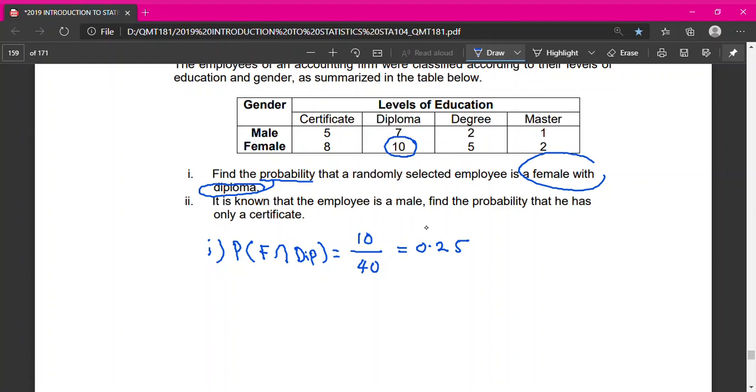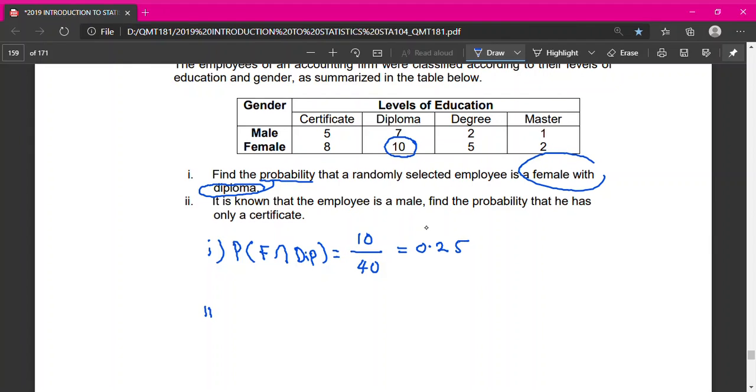Kalau dia nak dapatkan probability of the employee with certificate, dia tak bagi tahu male ke female, so you kena total up certificate 8 tambah 5, which is 30, divide dengan total semua sekali 40. Ingat, kalau nak cari probability, kena bahagi dengan total of the sample size.